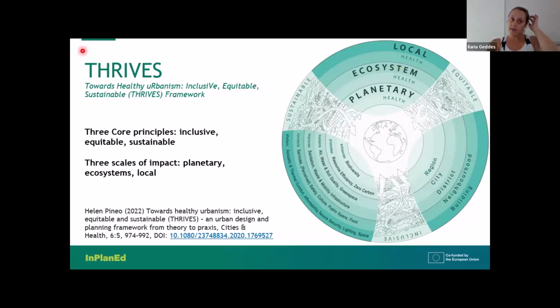But basically what the framework is called is Thrives, towards healthy urbanism: inclusive, equitable, sustainable. And those are essentially the three pillars. What do these mean? For her, inclusivity is about enabling all members of society to participate in daily activities without feeling that they are disadvantaged by their personal characteristics or needs.